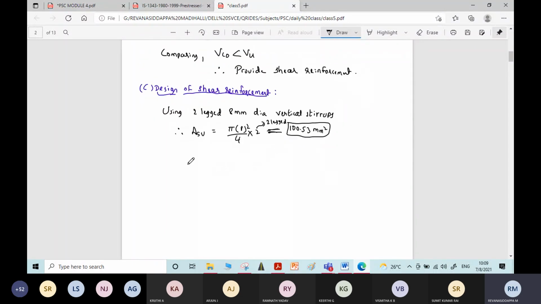Okay. Now we have decided 2-legged 8 mm dia vertical stirrups. We have to find spacing for the same, at what spacing these stirrups should be provided to handle that shear force which is acting on the beam. You write the side line as spacing.